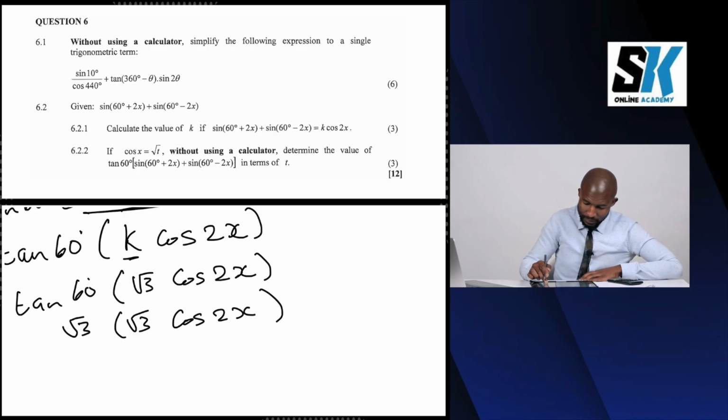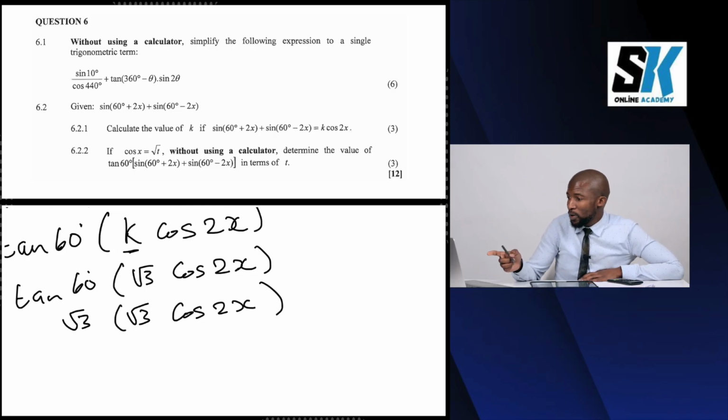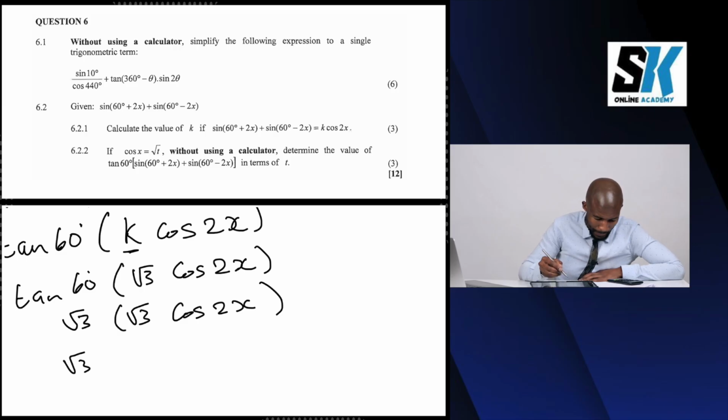So we are given that cos x is equal to root of t. So your answer must be in terms of t, if we still remember the statement. So it's root 3, and then inside the brackets is root 3.